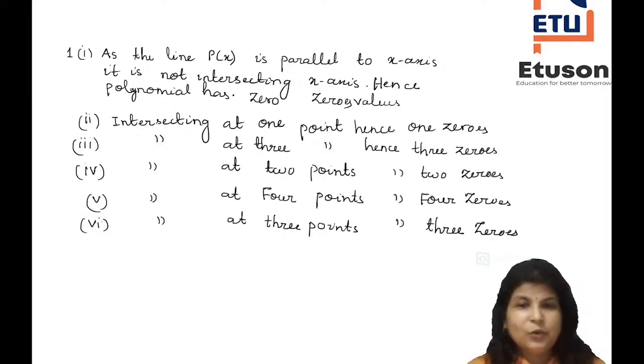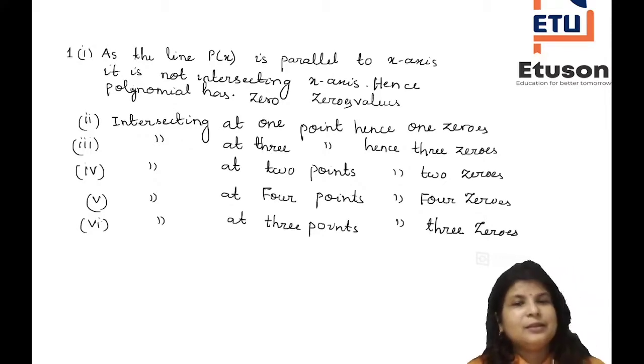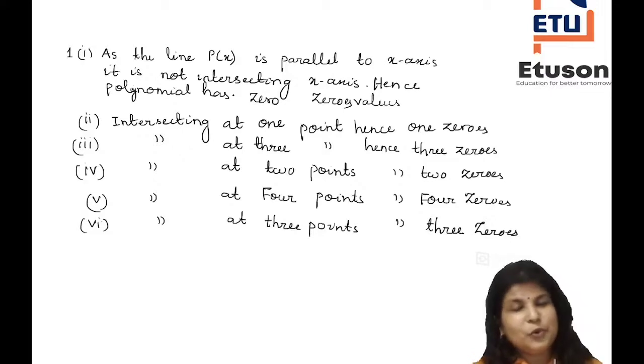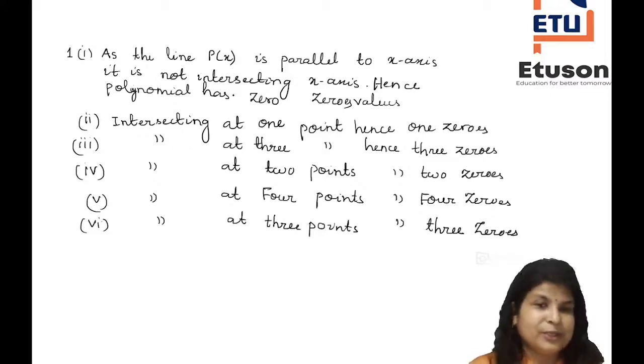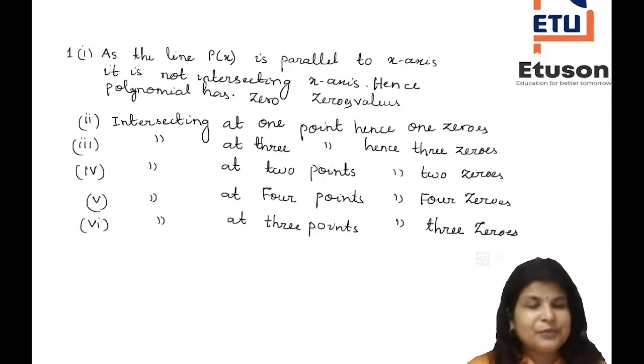Correct, children? Hope the concept of geometrical representation of the polynomial, and how to find the zeros and how many zeros there will be, is clear to you. So please solve more and more problems, plot the graphs, and you will understand the subject in a better way.